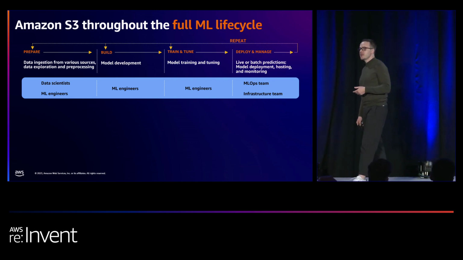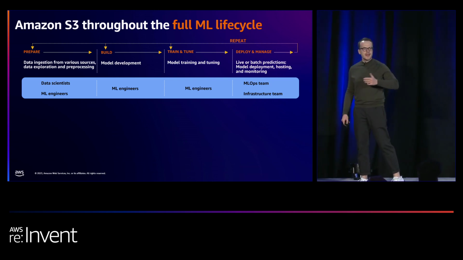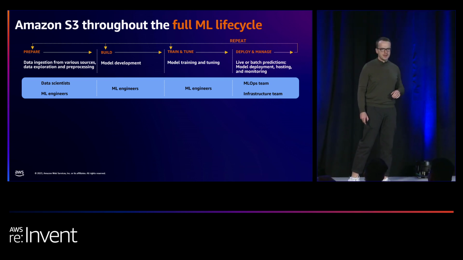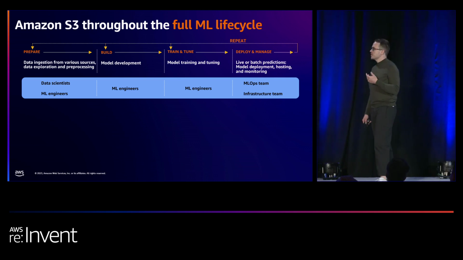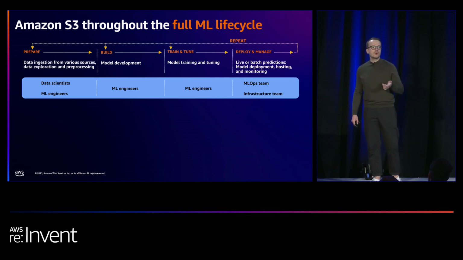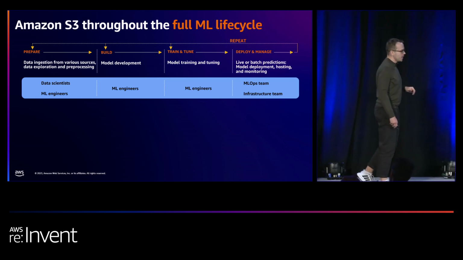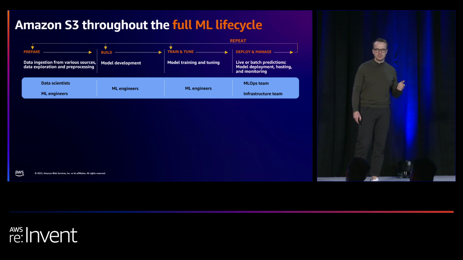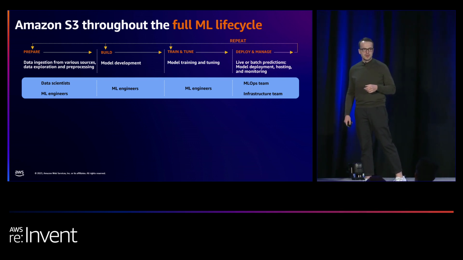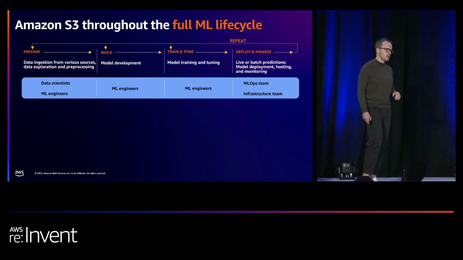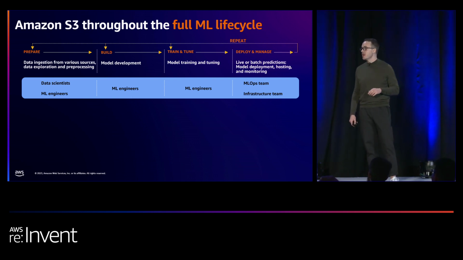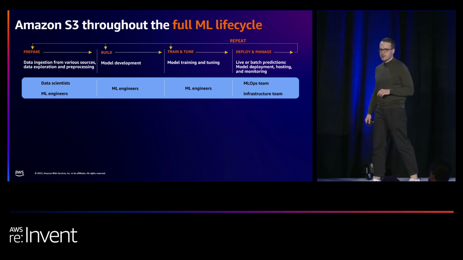Then in the building phase, the data science team will usually test different machine learning algorithms, and once they are satisfied with the approach, they will go and train it end-to-end on an entire data set that was previously preprocessed until convergence. And of course, they will monitor different metrics that make sense for the business use case they solve. And once they're satisfied with the performance, those models will be deployed out to production.